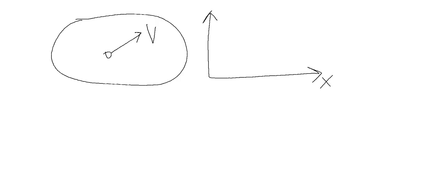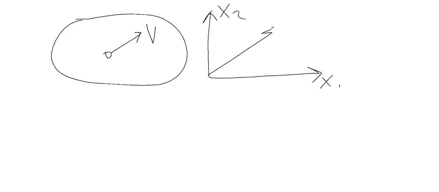So suppose we have a space like this. It's a two-dimensional space, and in this space there is a particle that moves in this direction, and it has a velocity v with respect to coordinate system x with x1 and x2 axis.